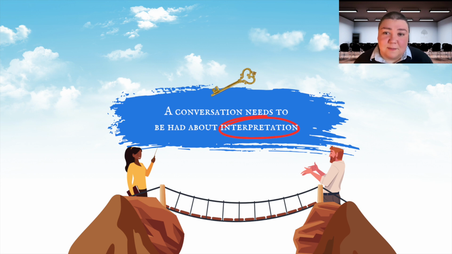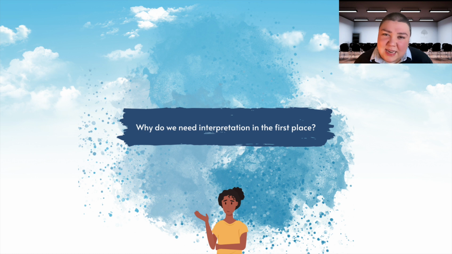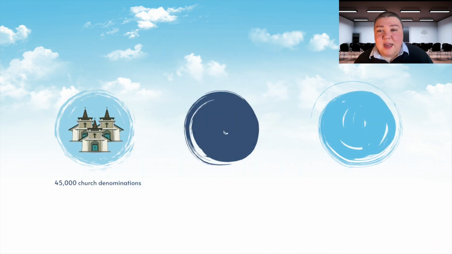or question. Why do we need interpretation in the first place? Why do we need to interpret the Bible? It is estimated there are a staggering 45,000 church denominations globally and counting.